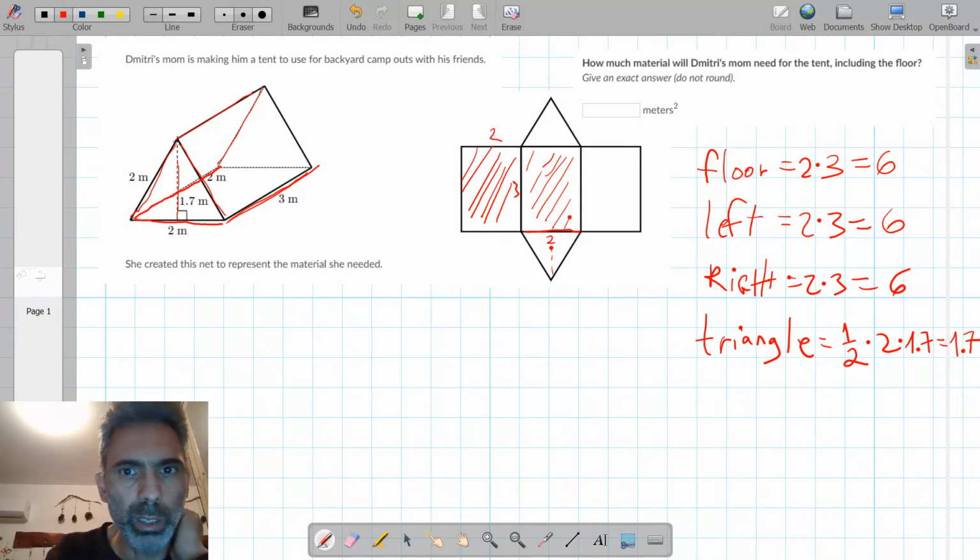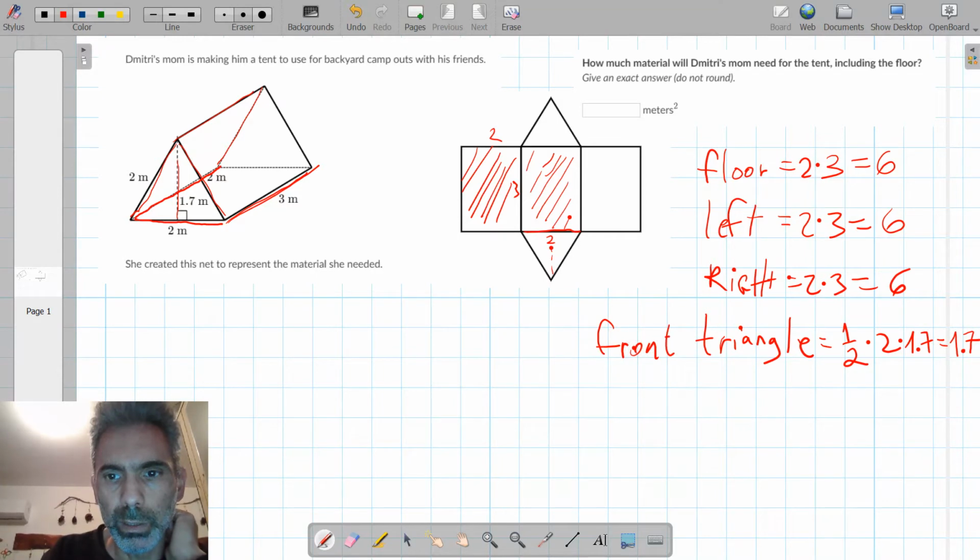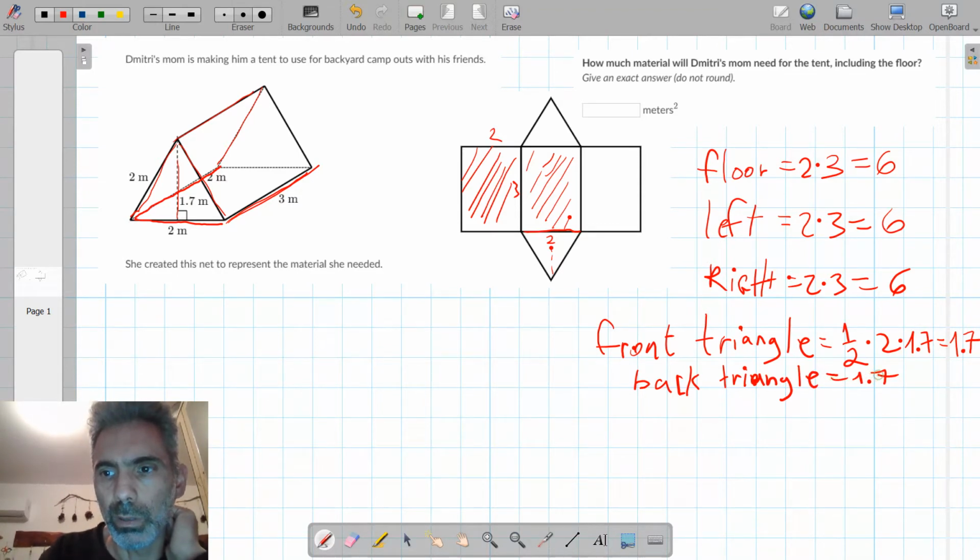And we also have another triangle at the back, which also has an area of 1.7.